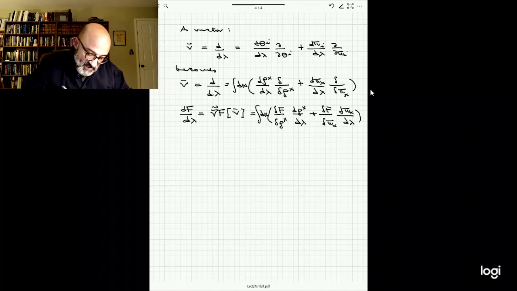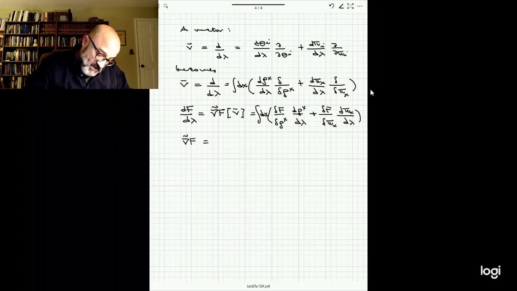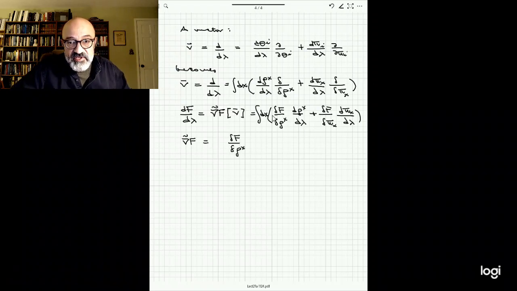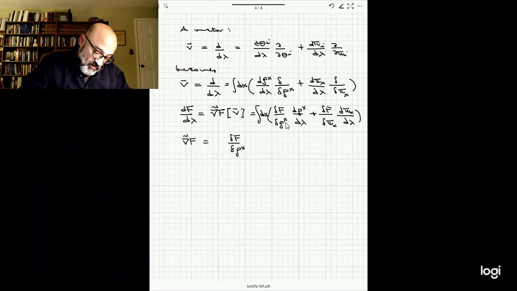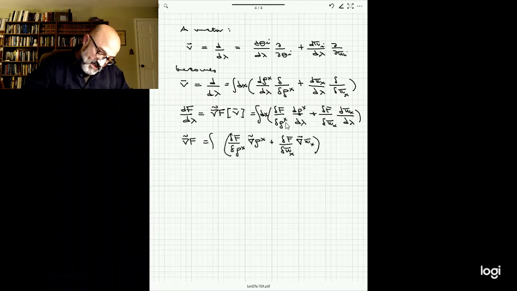So this looks exactly the same as before. The gradient of f, this is a covector, can be written as, take the components, the same that appeared up here, and then the gradient of the coordinates. And of course, implicit in all of this is an integration.